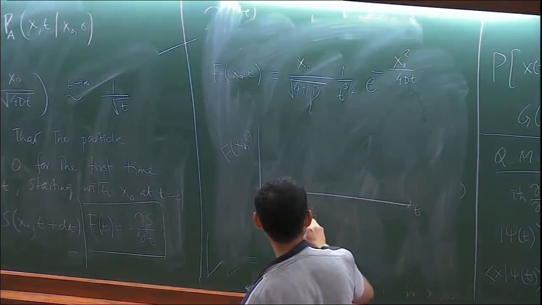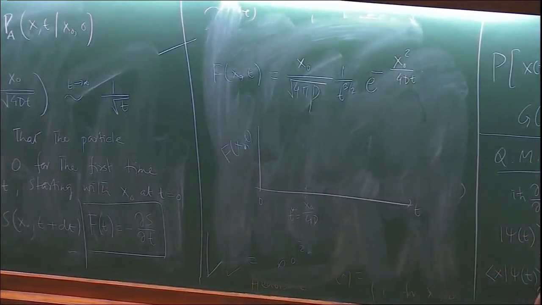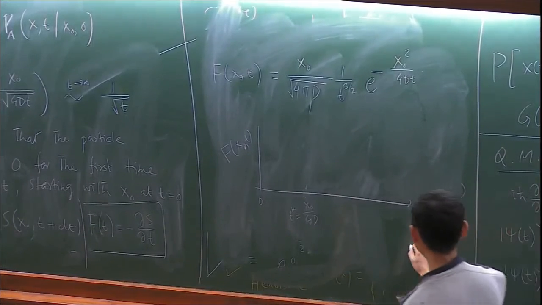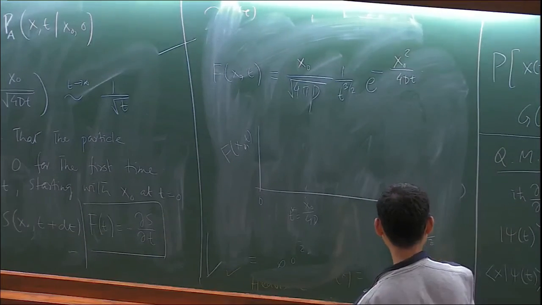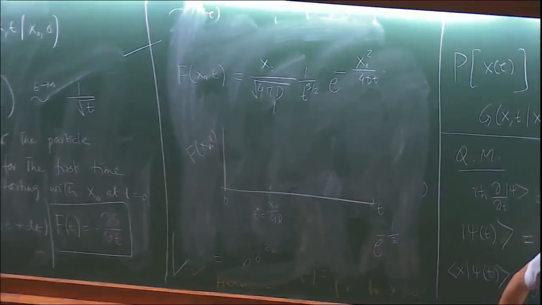Some t star. So this function is basically exponential of minus 1 over something, right? Exponential of minus 1 over z. What is this function? You must have seen in your complex analysis, right? You hear about all these singularities, right?